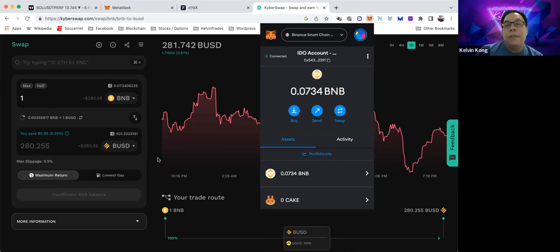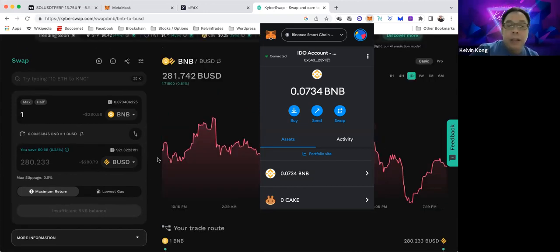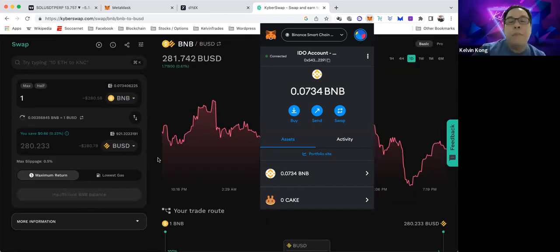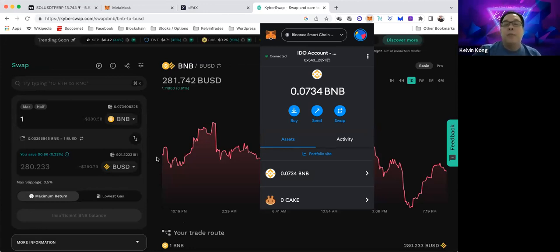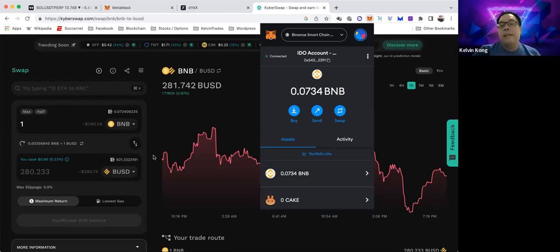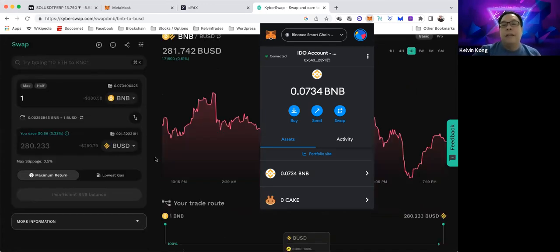If you truly understand how powerful decentralization is, what is DeFi, that means decentralized finance, you will know that even the banks are scared. Seriously, right?